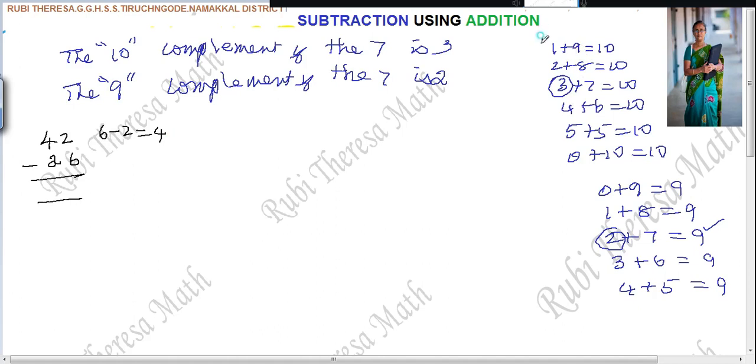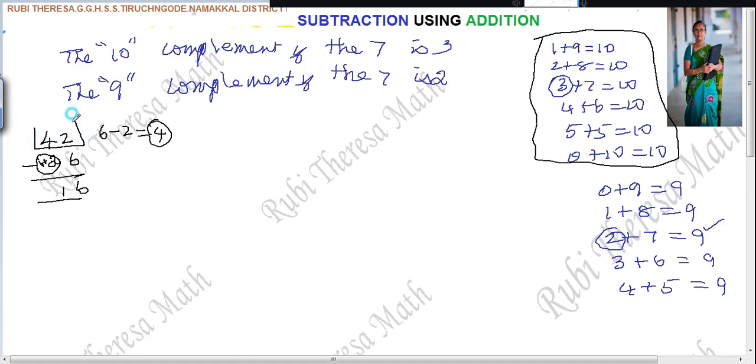Then which side are you going to take? 10. So what is the complement of 4 based on 10? 6. Then adding 1 here. That is 3. 4 minus 3 is 1. So, 16.